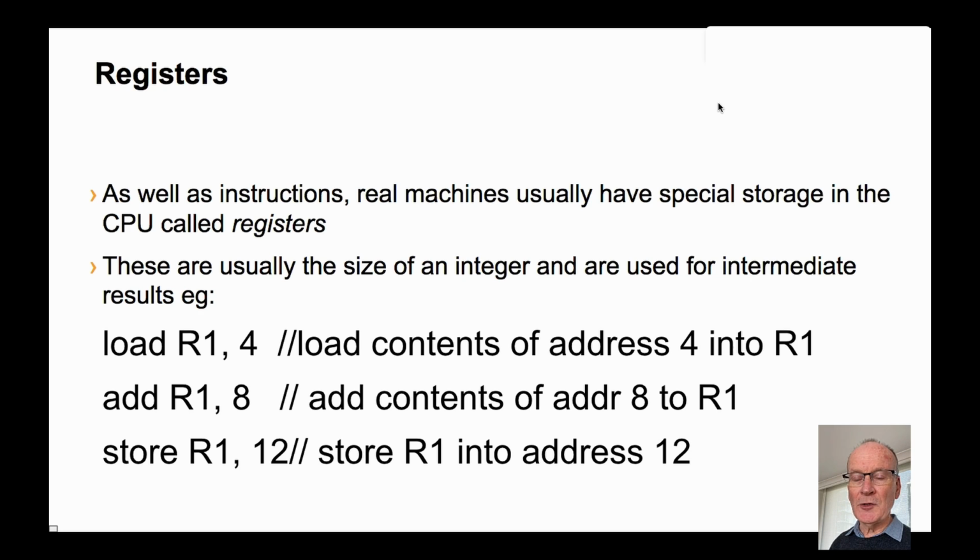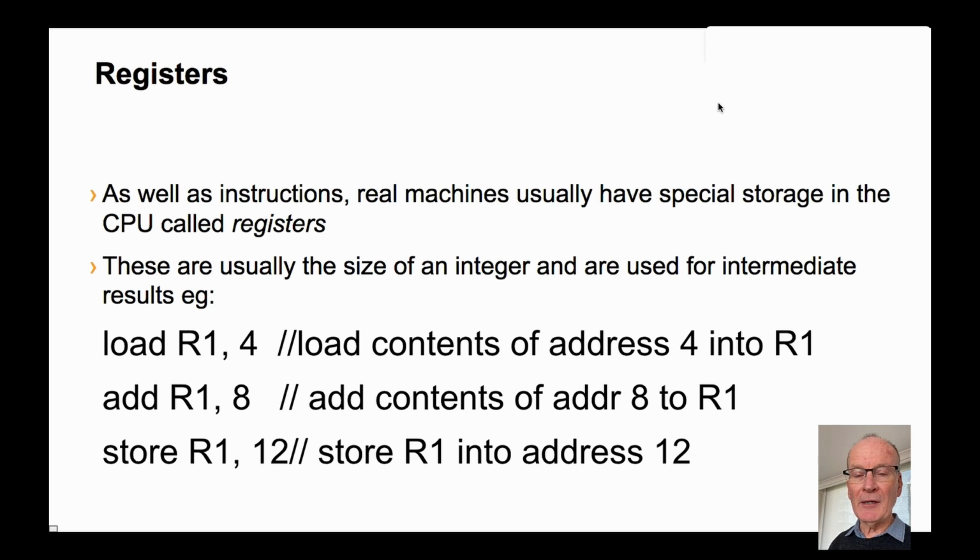Now, one other thing I should introduce now is a feature of central processing units that is a special sort of memory outside the main memory of the computer, but a very high-speed memory that can be accessed very quickly, and these are called registers. And this is where we put intermediate results.